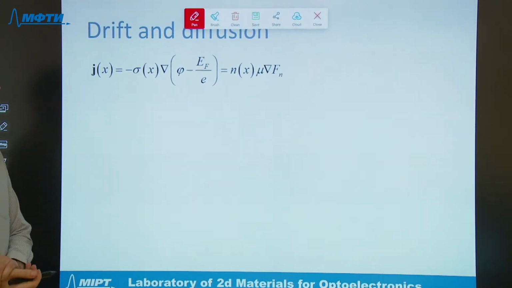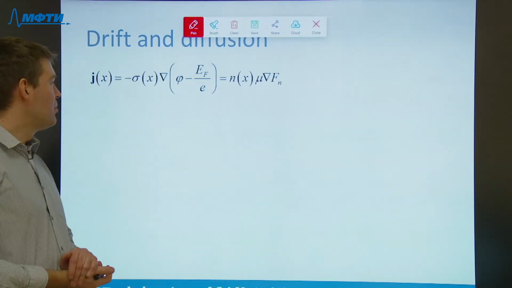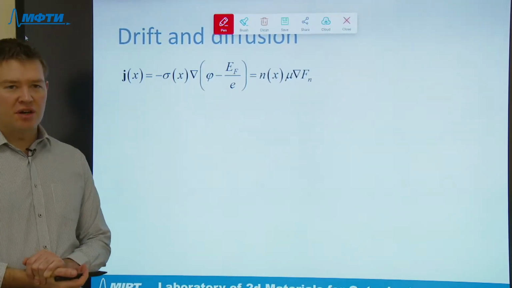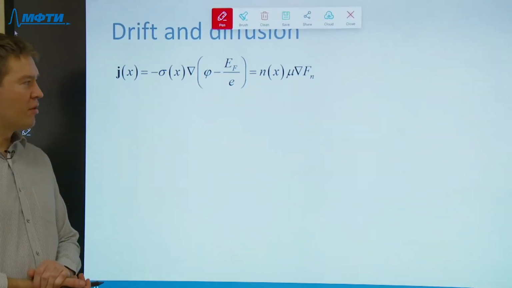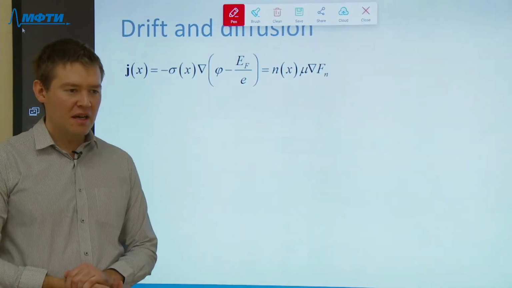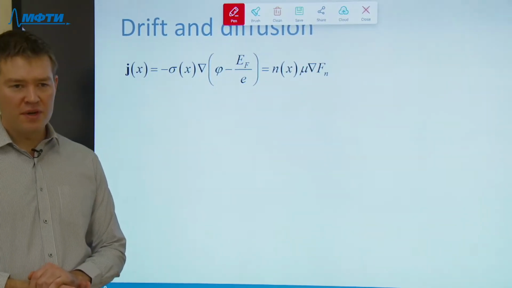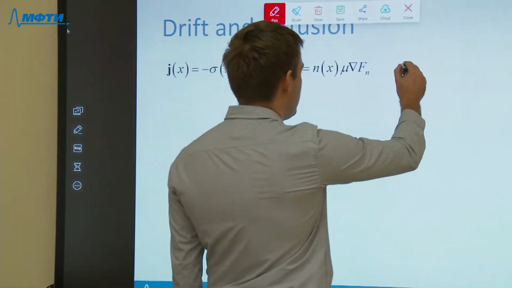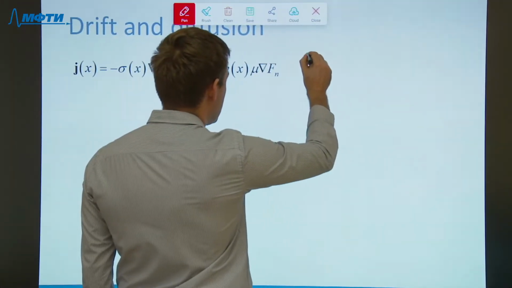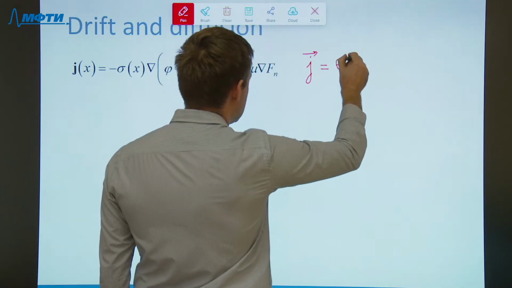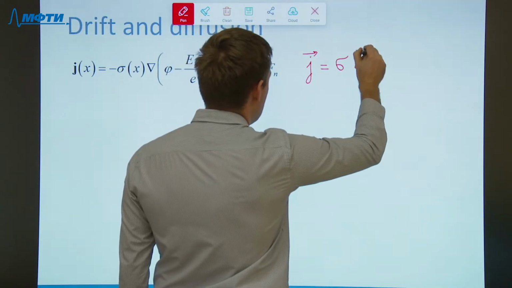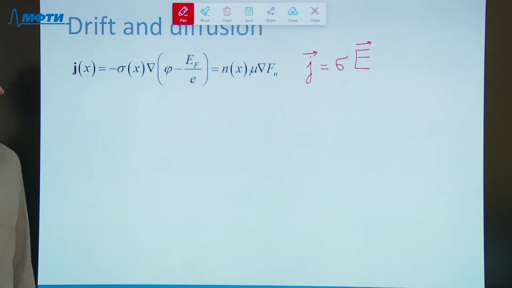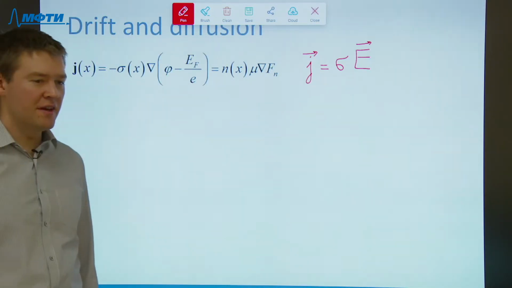So several weeks ago we have found that electric current under application of uniform electric field contains two components, one of which is called the drift component, and it is given by the equation J, current density, equals sigma E, where sigma is the electric conductivity and E is the strength of the electric field.